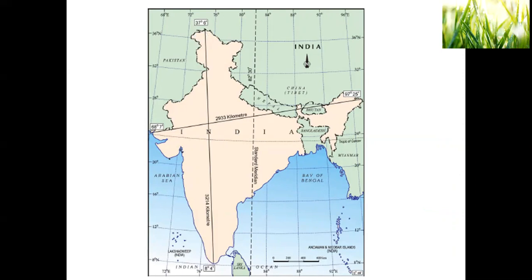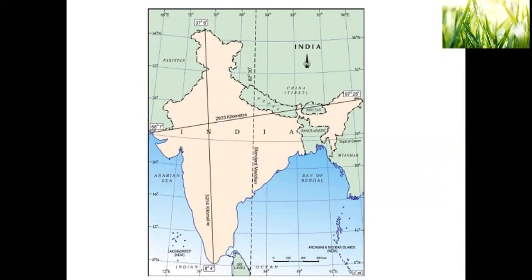Here you can see 8 degree 4, and here you have 37 degree 6. That is the extent, and the other extent is 97 degree 25, 68 degree 7. These are the longitudinal and latitudinal extent.